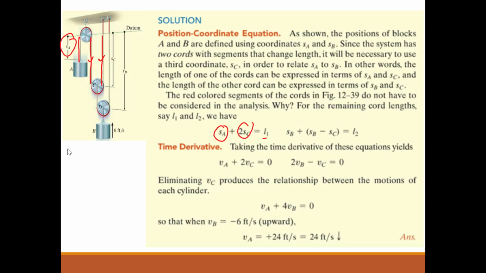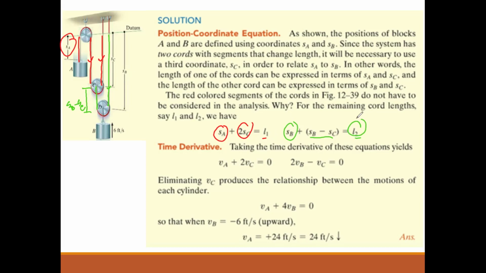For the green cable, this one is SB, and this one is SB minus SC. So the constraint equation becomes this and it is equal to L2, and L2 is constant.